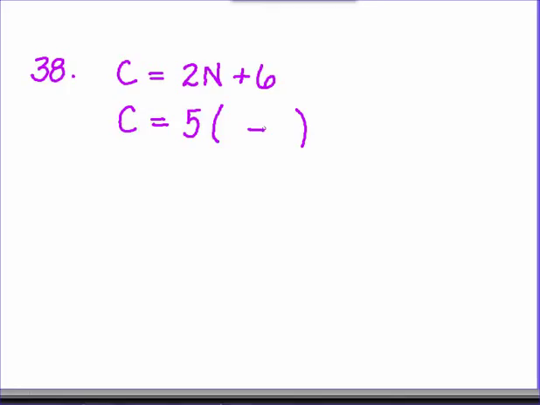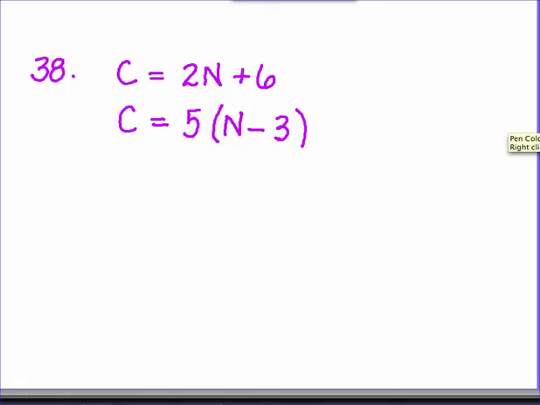Okay. Of the number of quarters and 3 that Nora has saved. They kind of worded that last one a little bit funky. That's what confused me.